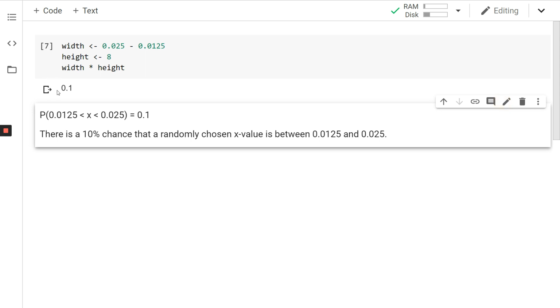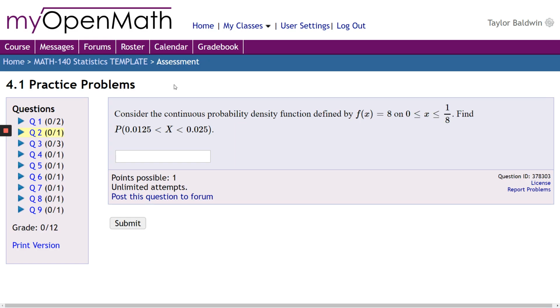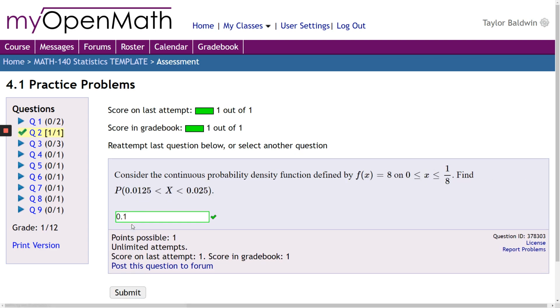Okay, so let's just copy that, that's Control-C, or you could just right-click, copy, and let's put that into our answer box. So paste, submit, and we have it.